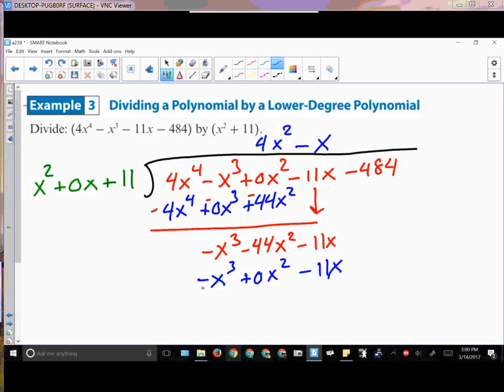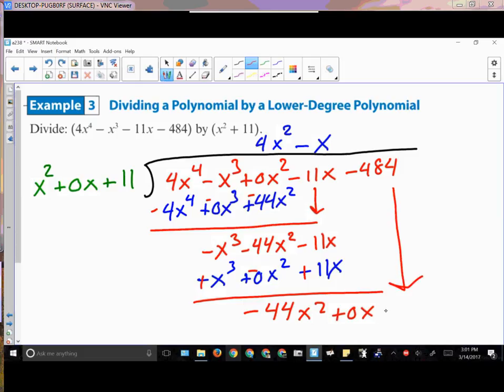So, change the signs. That goes to addition, subtraction, addition. So, now what I've got is negative 44x squared. This disappears, so that's plus 0x. And this comes down as plus 484. And if I look at that, it's not going to be plus, it's going to be minus, sorry. Okay.